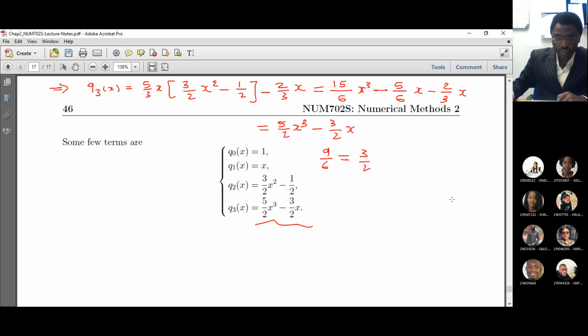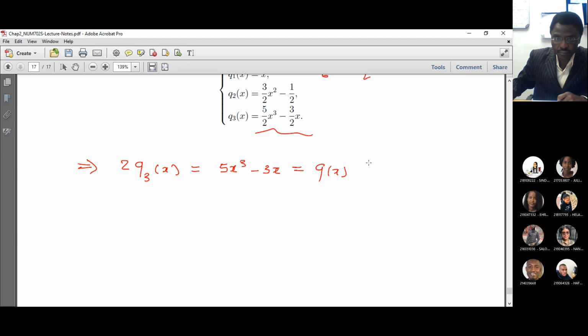Here, if I multiply this by 2, 2 times Q3 x is 5x cubed minus 3x, and this is the Q x that we computed in the 3-point Gaussian formula or rule.